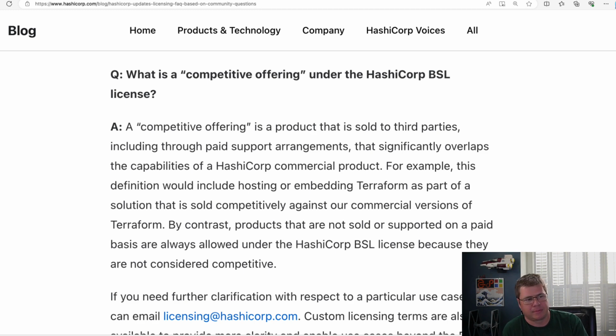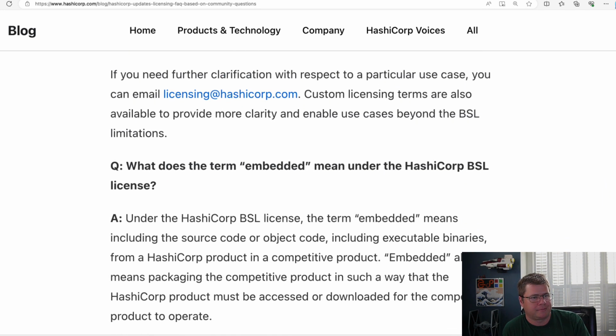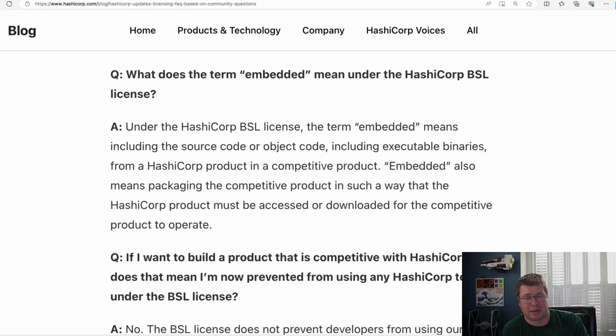Makes sense. Moving on. What does the term embedded mean? Yes, this is a good one to clarify, because I saw quite a few comments saying, we're good, this doesn't affect us because XYZ, like we're not embedding it, we're not hosting it. You've got to watch the words that people use. Words matter, right?